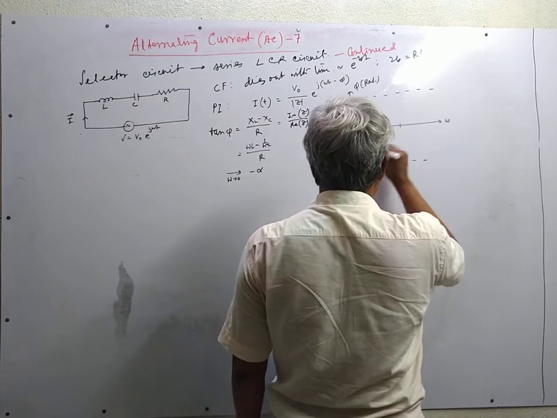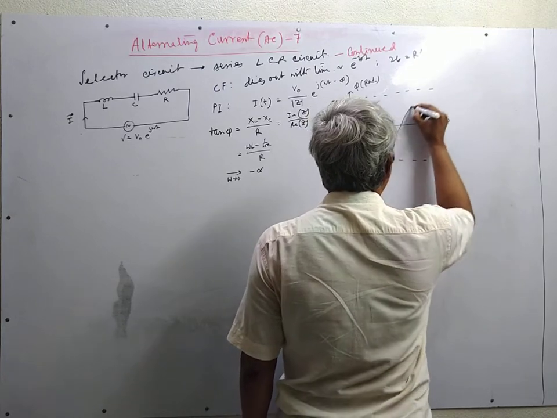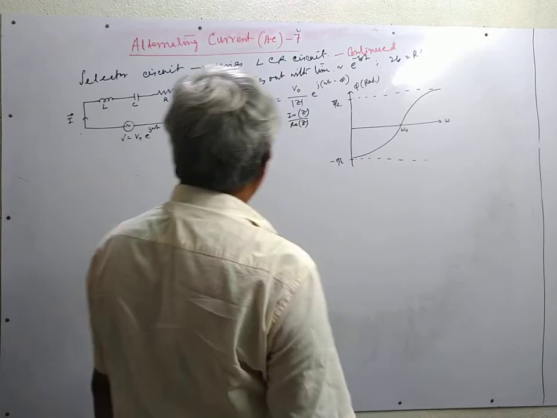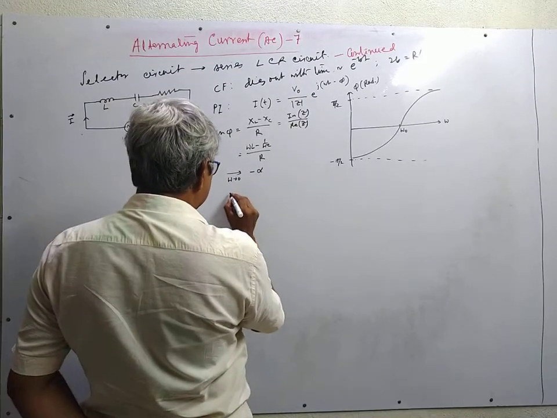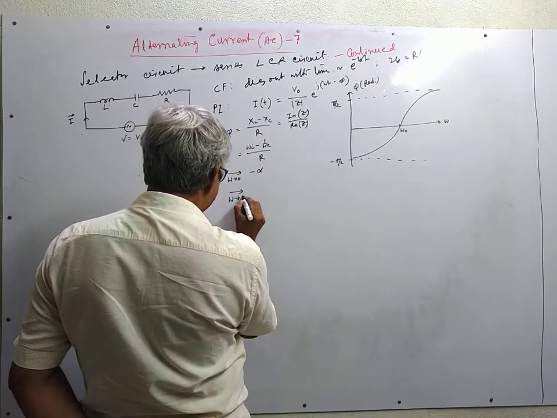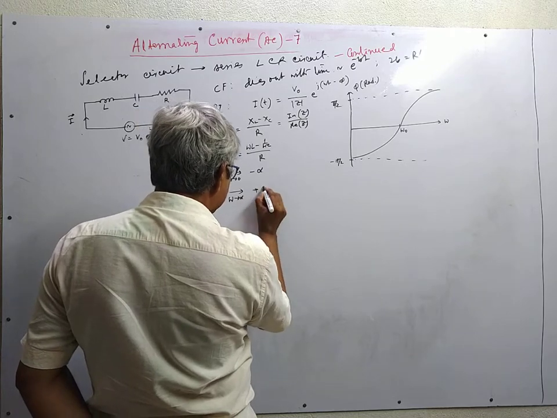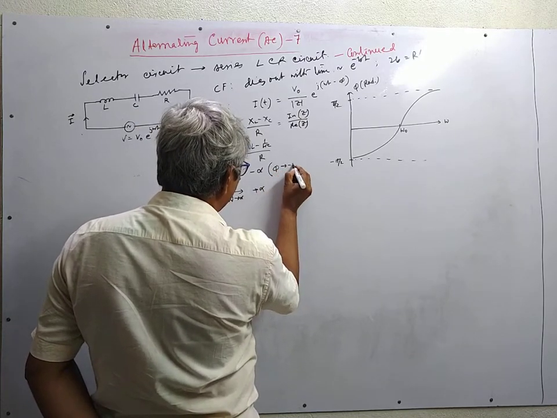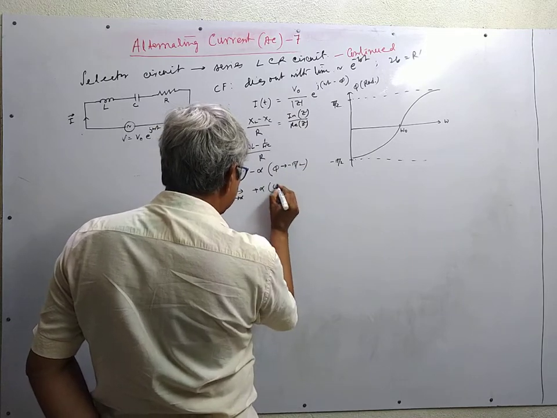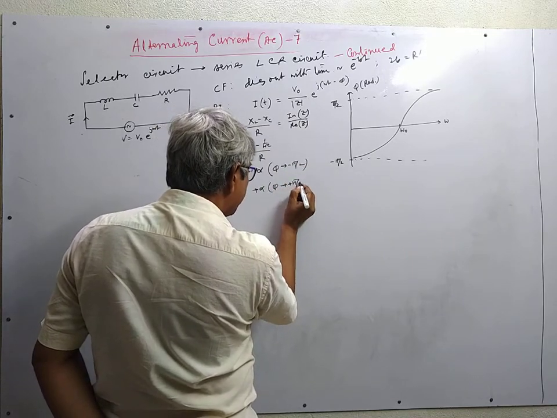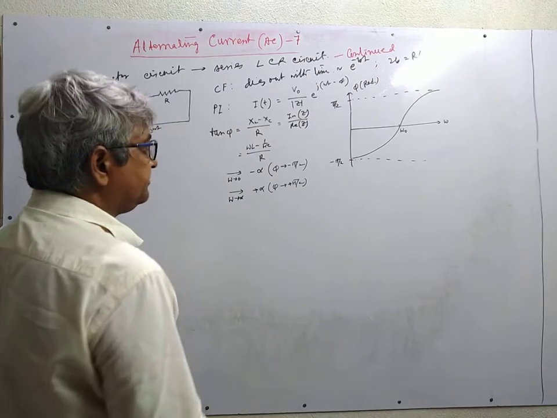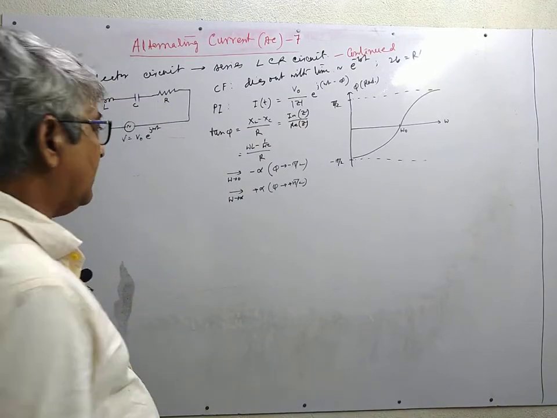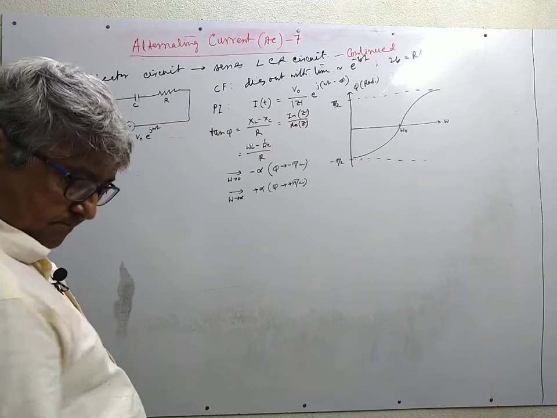And when omega tends to infinity, it tends to plus infinity, and corresponding phi tends to plus pi by 2. So this is the variation of phase with frequency.